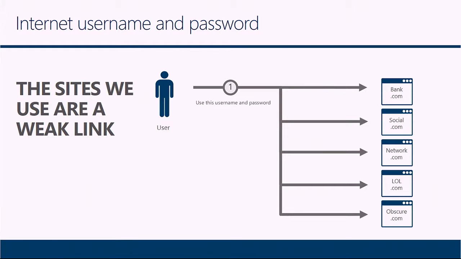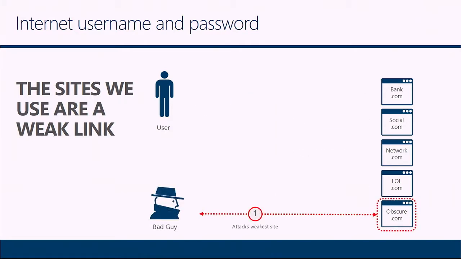That website gets breached, and you've probably heard some of the statistics out there on the internet and in some of the dark places on the internet: there are 1.2 billion username and password combinations available for sale. Given that there are about 2 billion users online, there's a good chance some of your passwords are out there for sale. That's one of the big challenges with passwords: people use them all over the place.